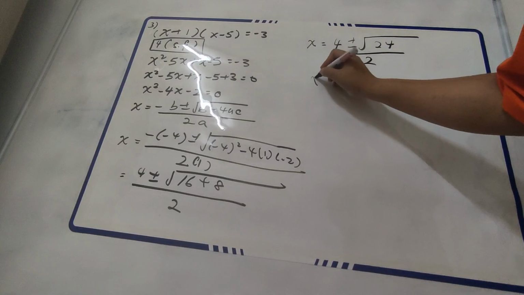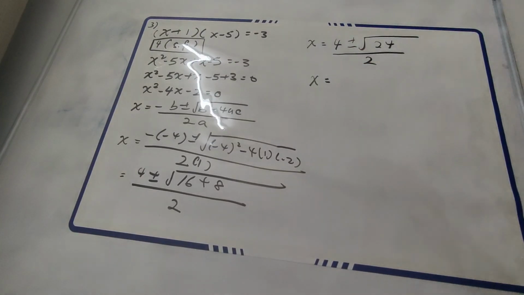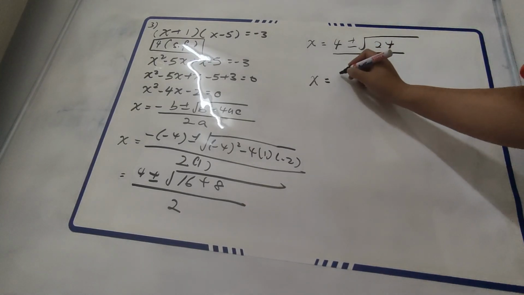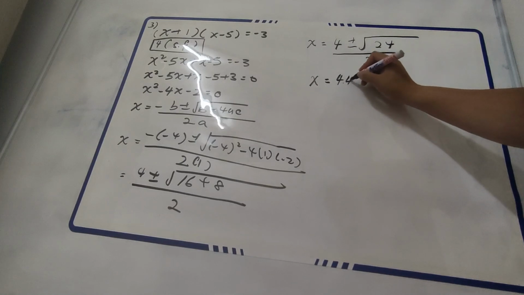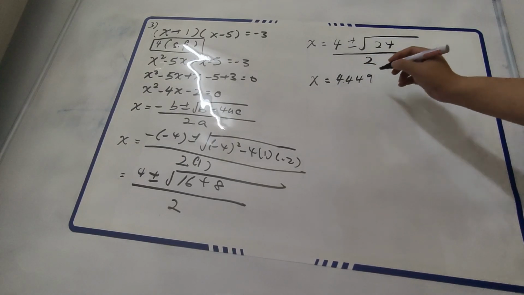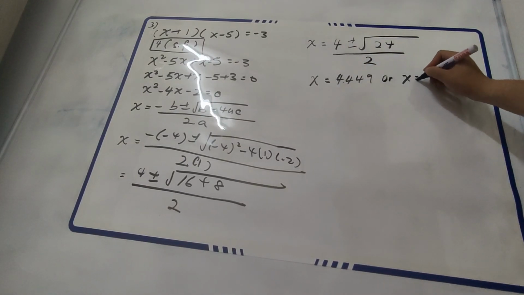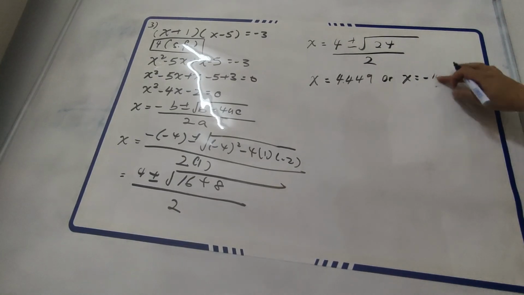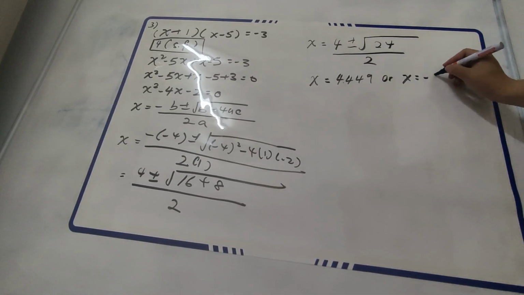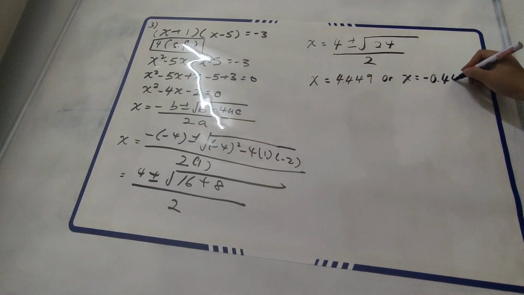Your answer should be x equals, I now need to press the calculator, 4.449 to 4 significant figures, or x equals minus 0.4495.